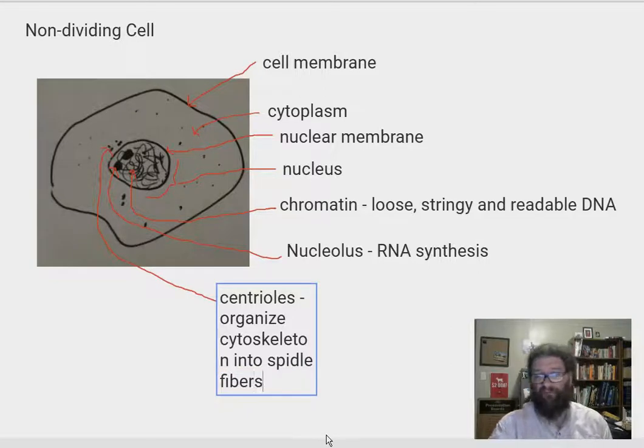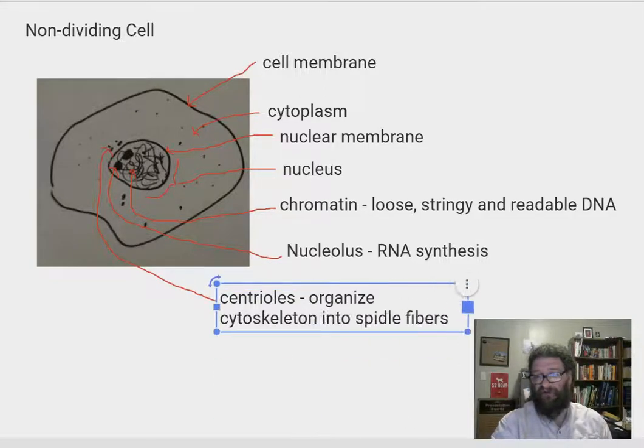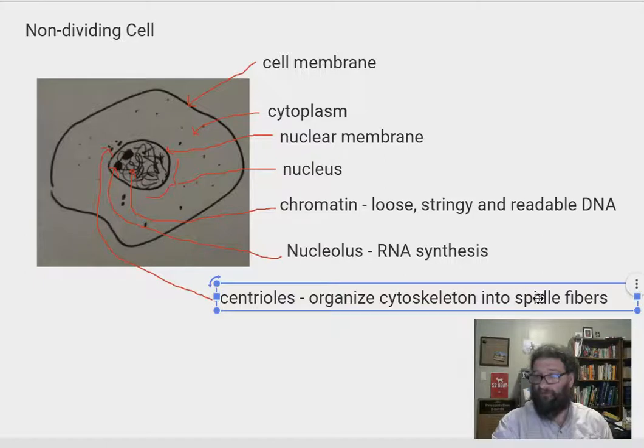And I'm actually horribly overgeneralizing their function here, as we are with most of these things, and I'm focusing on what they're doing in cell division. Okay, so we're going to see those. Those are the major players there.